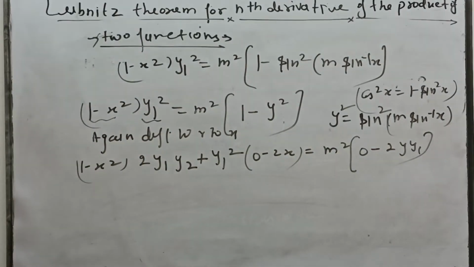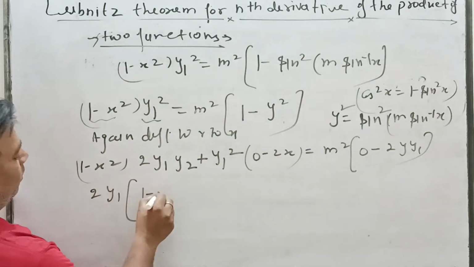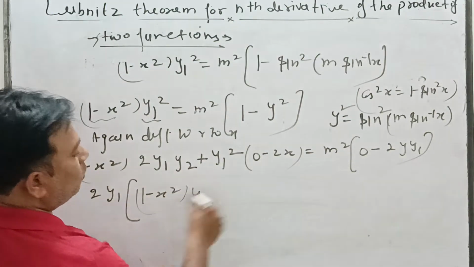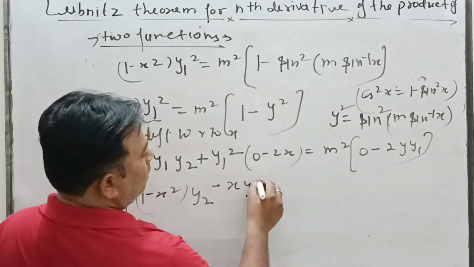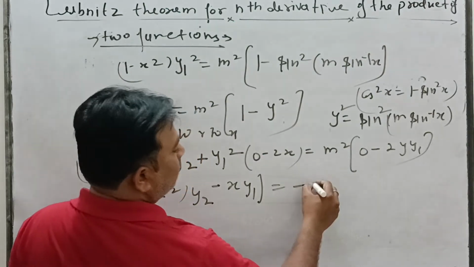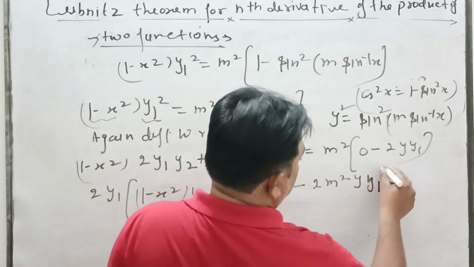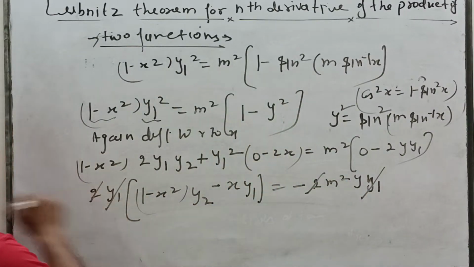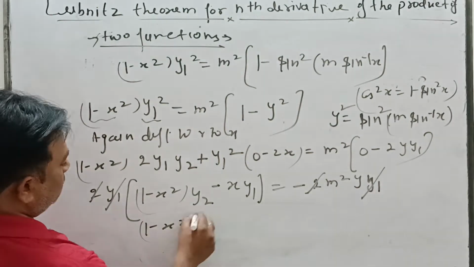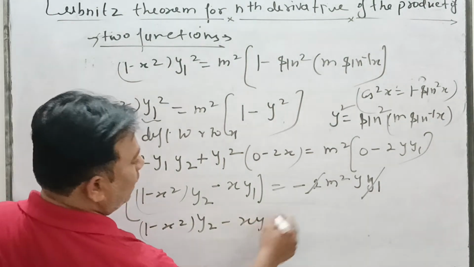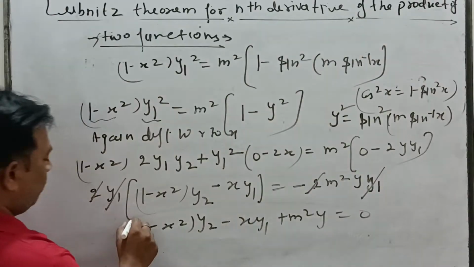Now 2 y1 is common: (1 minus x square) y2 minus x y1 equals minus m square y, after cancelling 2 y1. The remaining result is (1 minus x square) y2 minus x y1 plus m square y equals 0.